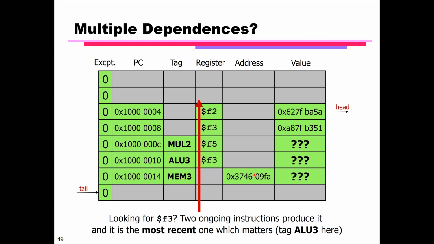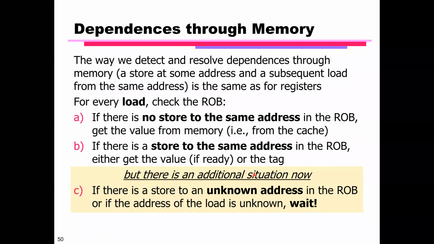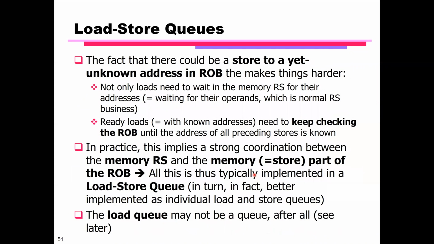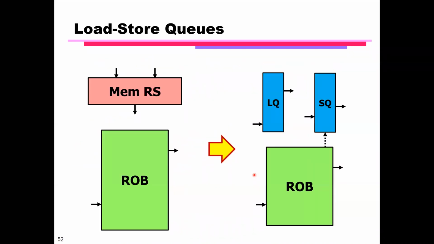So let's look a little bit more into the detail of the dependency through memory. What happens is that I have a link that is actually relatively complex, maybe not conceptually super complex, but complex in all the mechanics, between the reservation station for memory, where I put the loads and stores that need their operands, right?